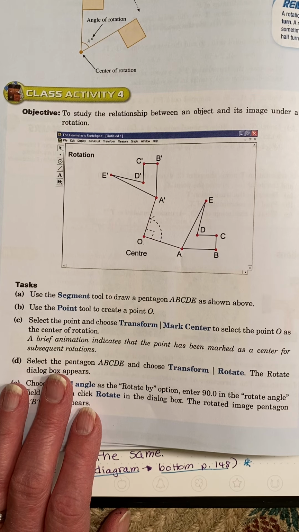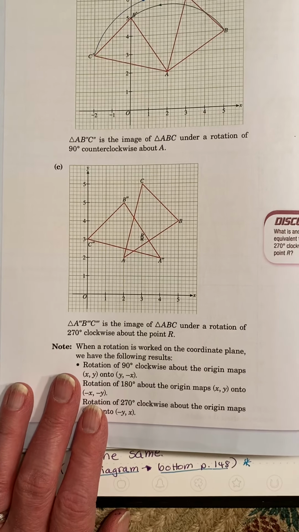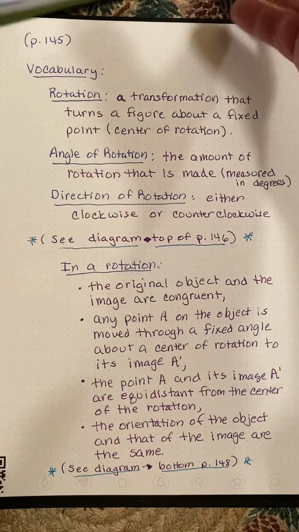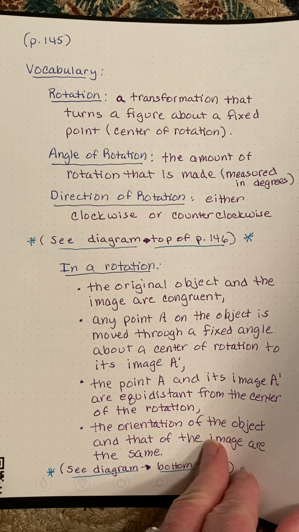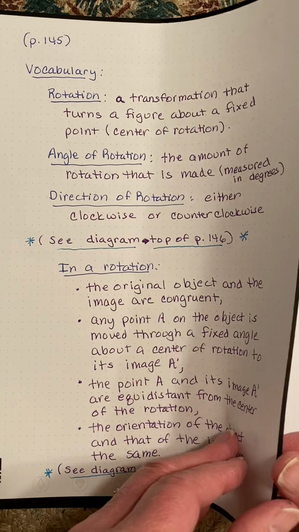Therefore, we are not going to do it by hand either. We are just going to take down these notes. And that's called an introduction. We're going to continue with our notes because the last part is going to be combining all the transformations we have learned to this point.